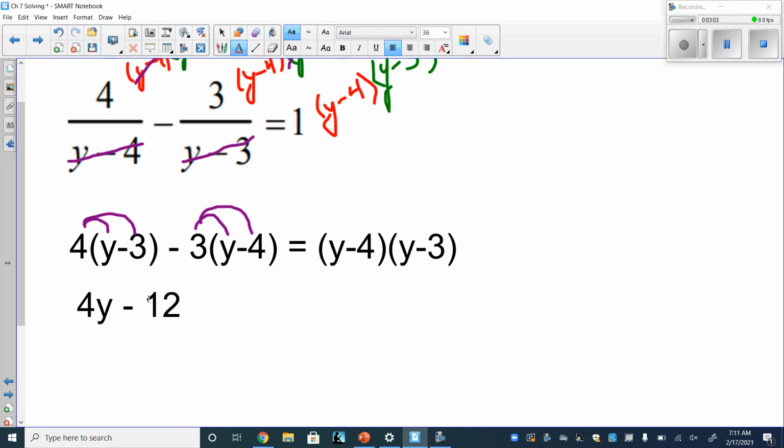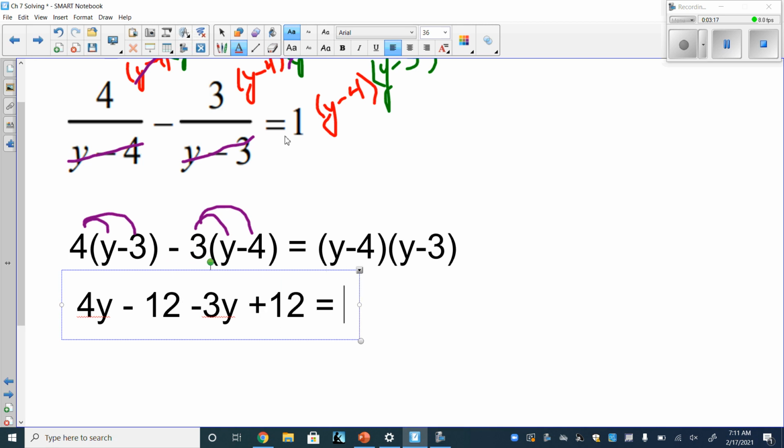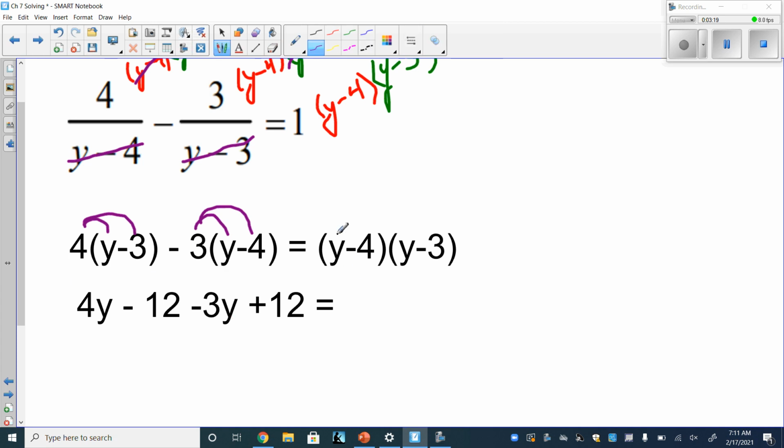Negative 3 times y would be negative 3y, and negative 3 times negative 4 is going to be positive 12, equals. Same thing over here. We've got to distribute the y and then distribute the negative 4. We're multiplying all the way through.